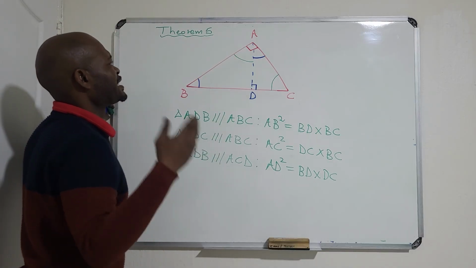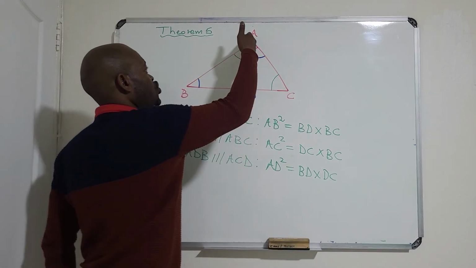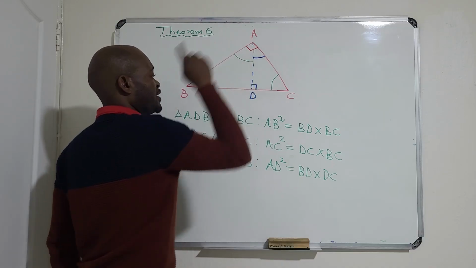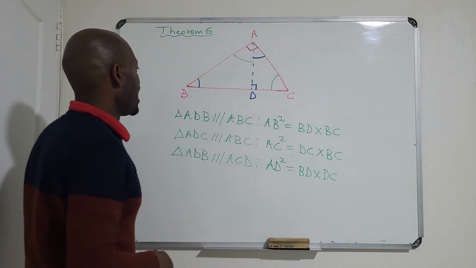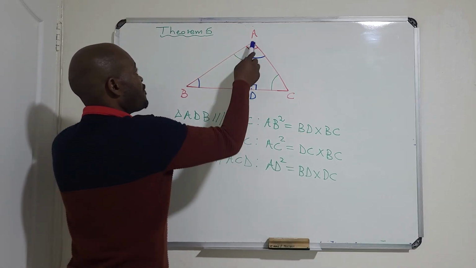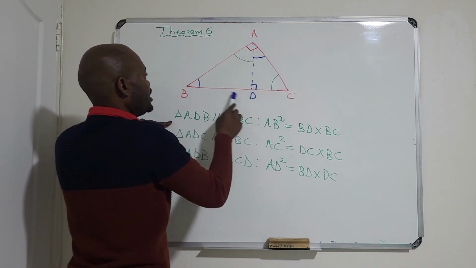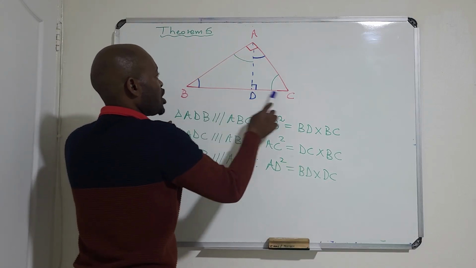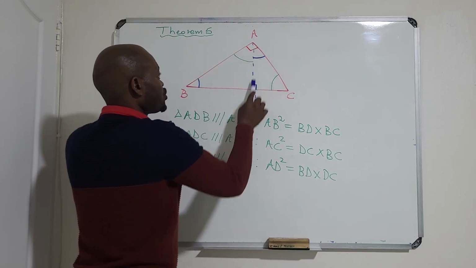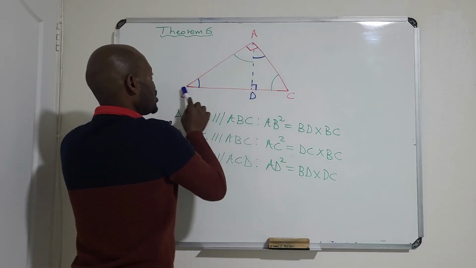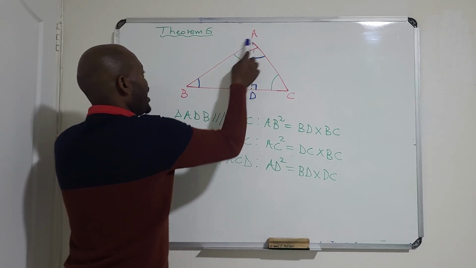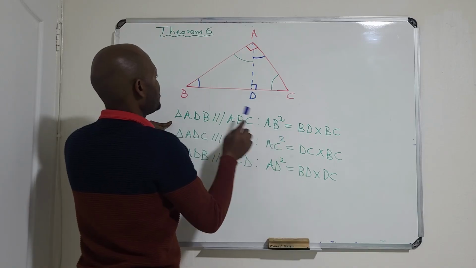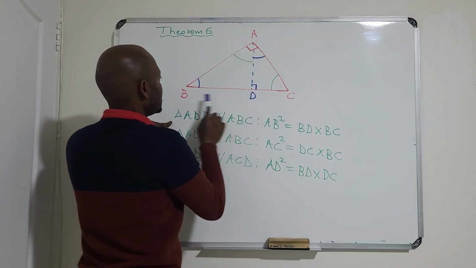What are we saying exactly? We are saying that if we draw a perpendicular line from the 90-degree vertex angle, and if triangle ABD is similar to the whole triangle, then AB squared is going to be equal to this times that.